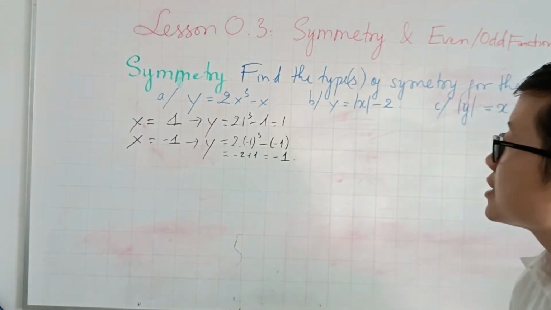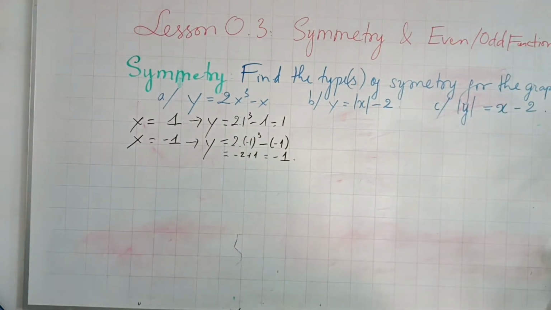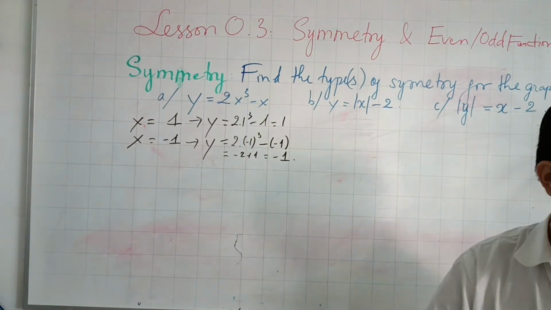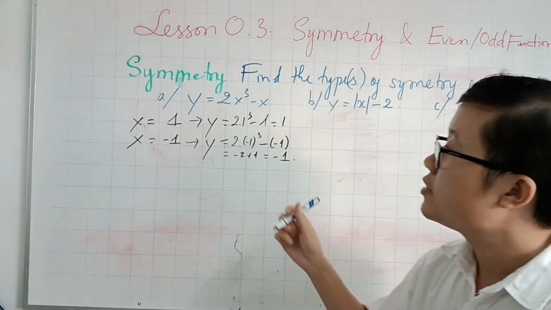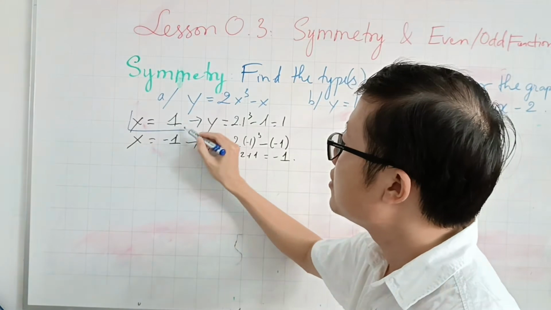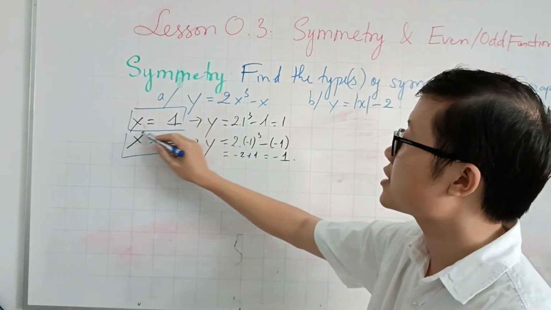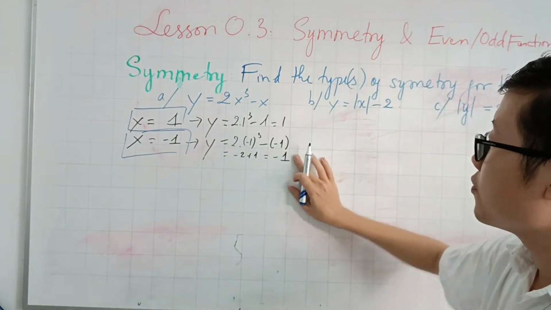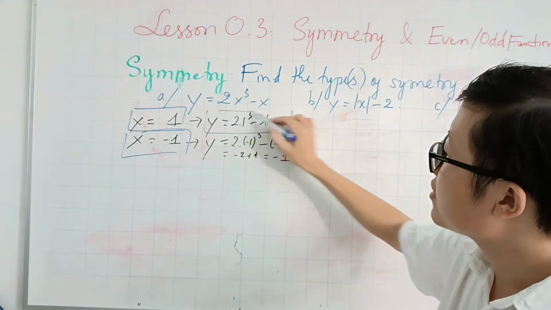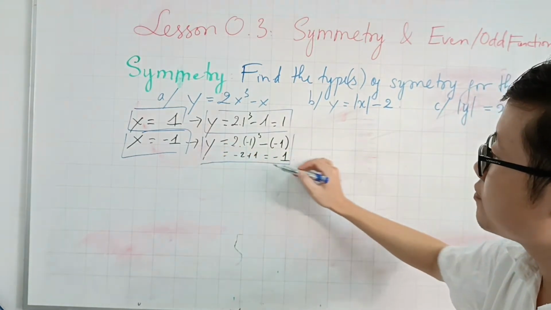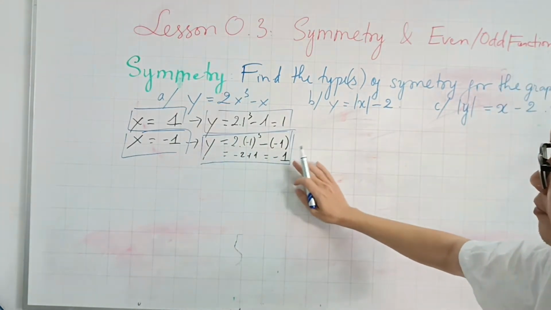So we can see that when you replace x with negative x, we produce the opposite y here.